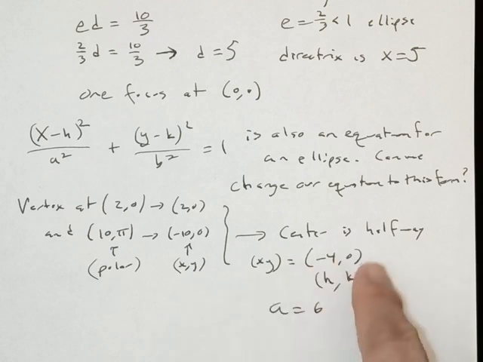K was from, that's the y coordinate of the center. In an ellipse, from the center to a focus, we gave that a letter. What letter was it? It's on the formula sheet.